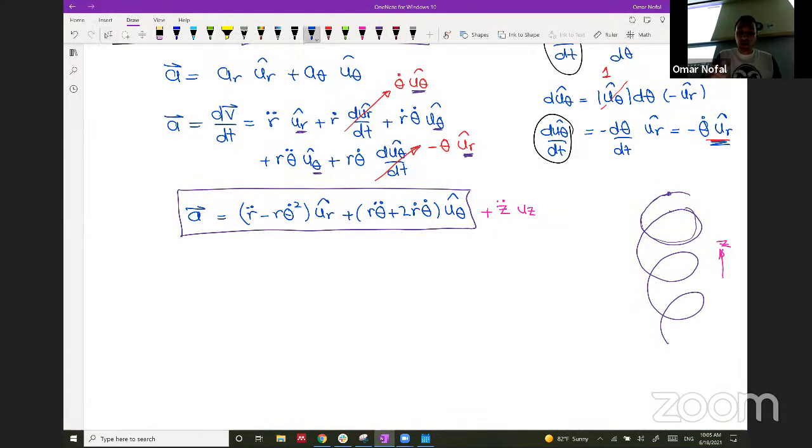All right, so let's now see a quick example of how these equations look if a body is moving on a circle. If I have a circle like this with radius r, and a particle is moving on this circle, we can see that r is constant, so r is not changing.